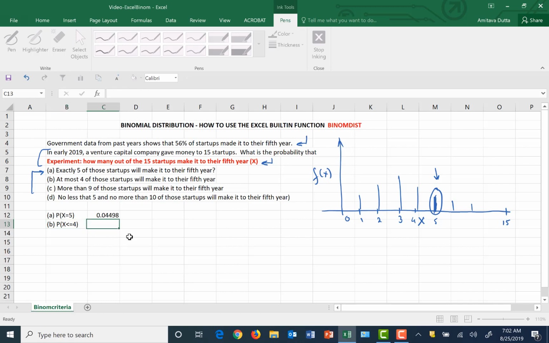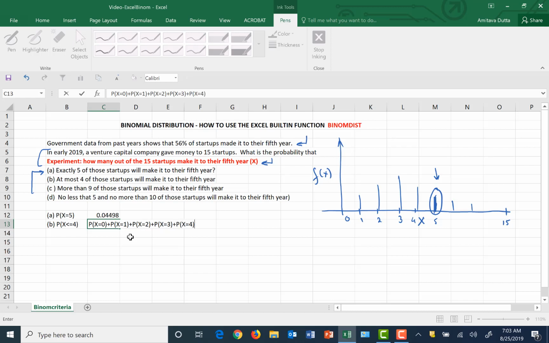This is really the probability of x equal to 0 plus the probability of x equal to 1 plus the probability of x equal to 2 plus the probability of x equal to 3 plus the probability of x equal to 4.